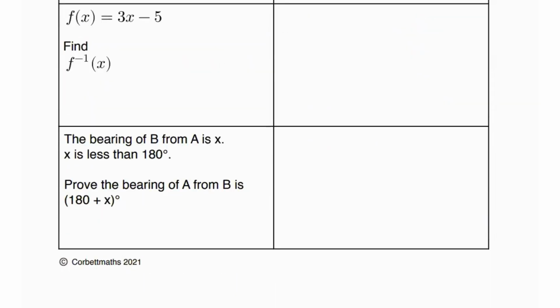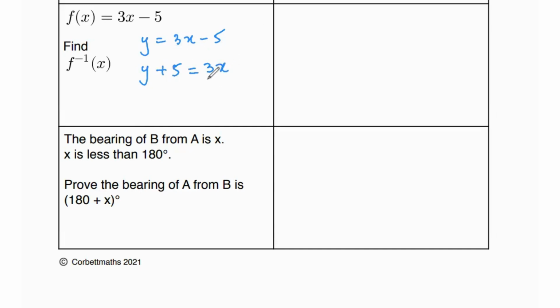Then it says function f of x equals 3x minus 5. Find f inverse of x. So to find the inverse of this function, let's begin with replacing f of x with y. So y equals 3x minus 5. Now we're going to isolate x instead of y. So that means we're going to change the subject. So first you move 5 to the other side, and that's going to give us y plus 5 equals 3x.